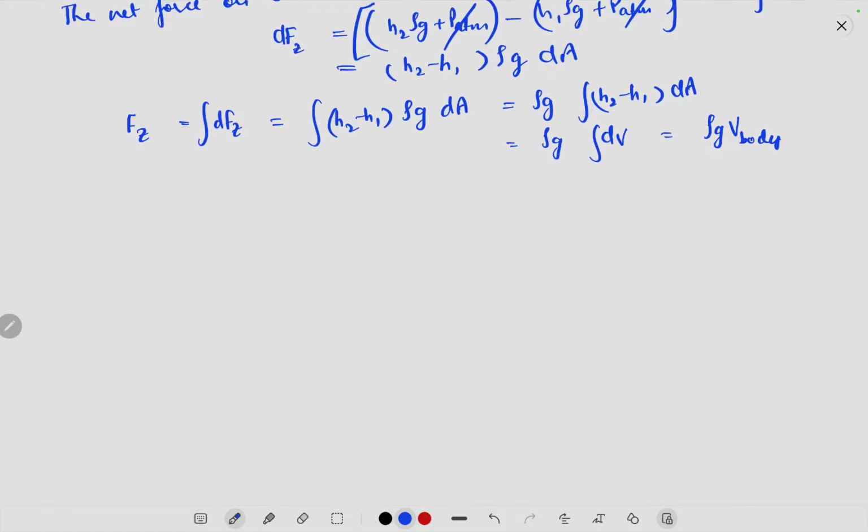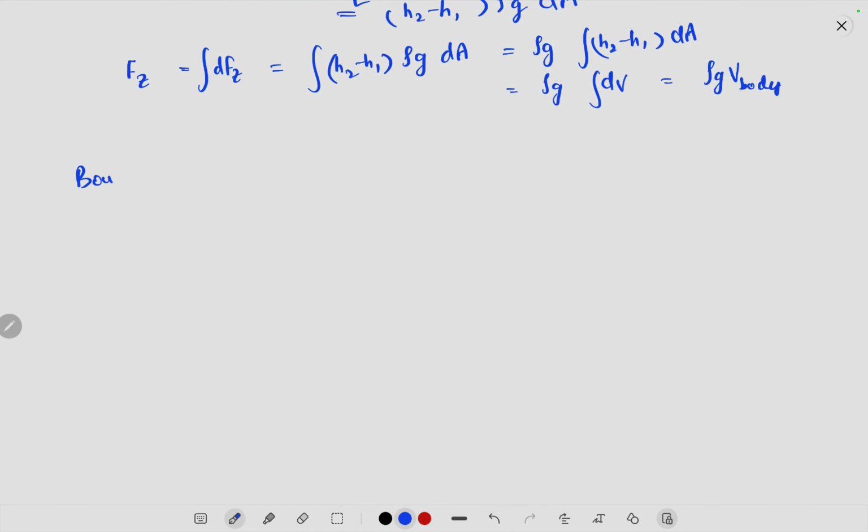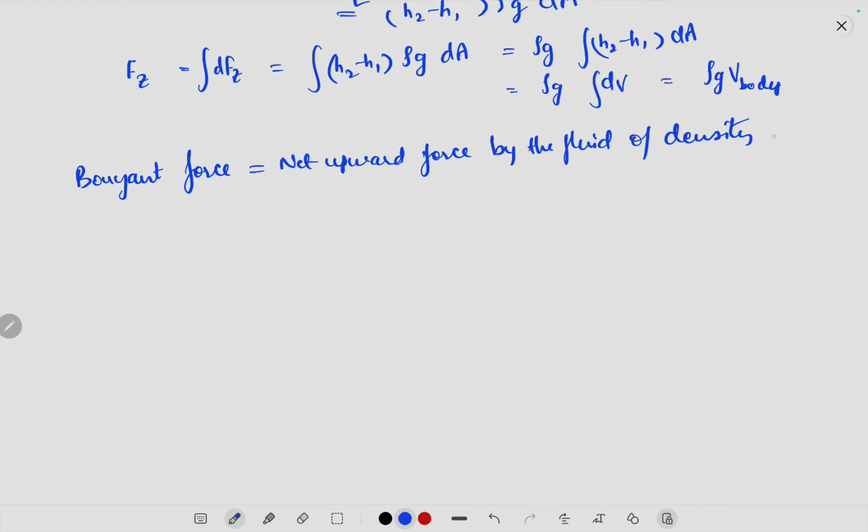So from this we get the buoyant force, which is nothing but the net upward force applied by the fluid of density rho, and this is equal to rho g times the volume of the body immersed inside the fluid, right?